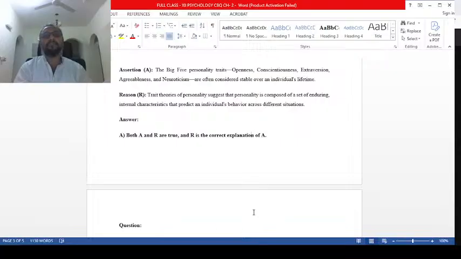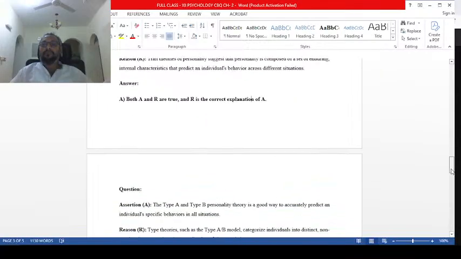Trait theories of personality suggest that personality is composed of a set of enduring internal characteristics that predict an individual's behavior across different situations. Both are true actually. So, Big Five is the theory proposed by Paul Costa and Robert McCrae. They have given us five different traits: openness to experience, conscientiousness, extraversion, agreeableness, and neuroticism. And what they are saying here, both are true and R is the correct explanation.